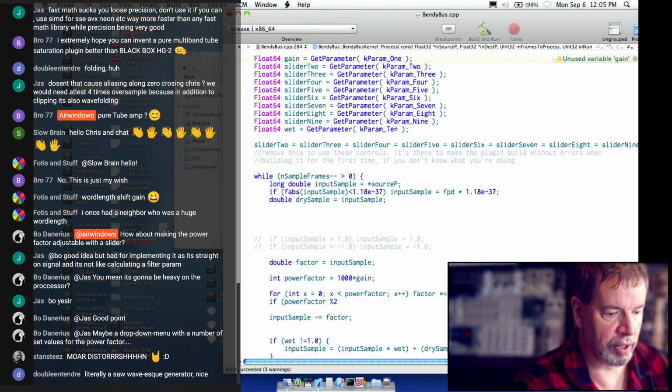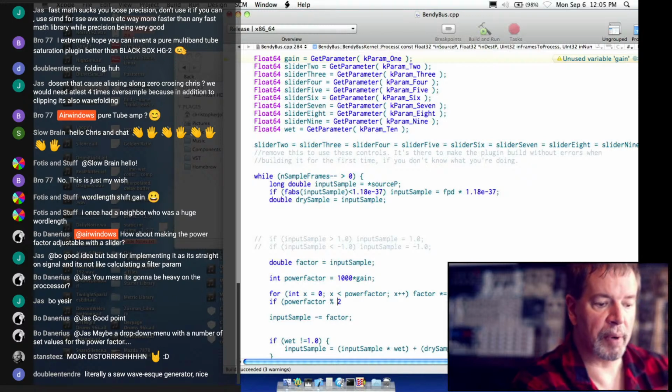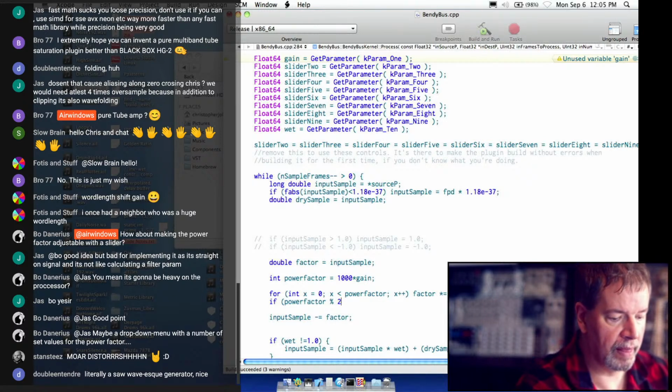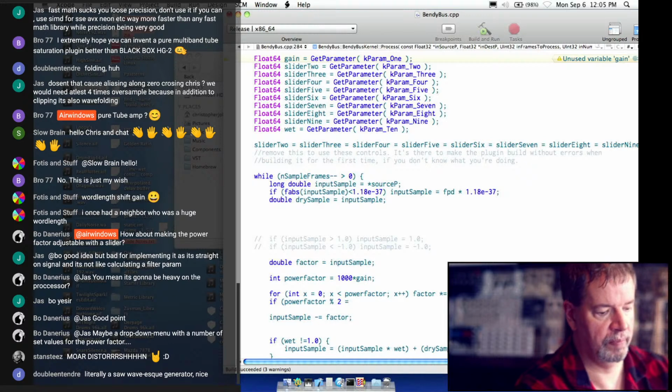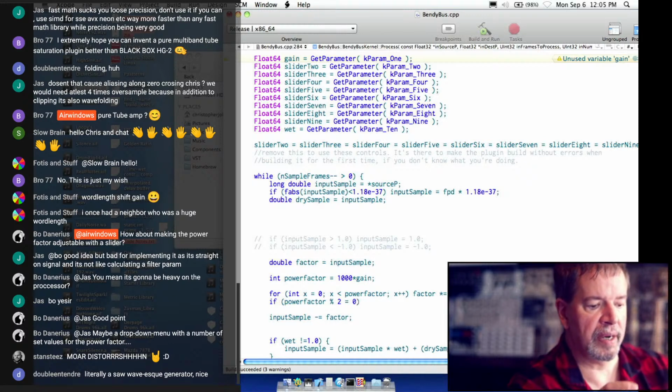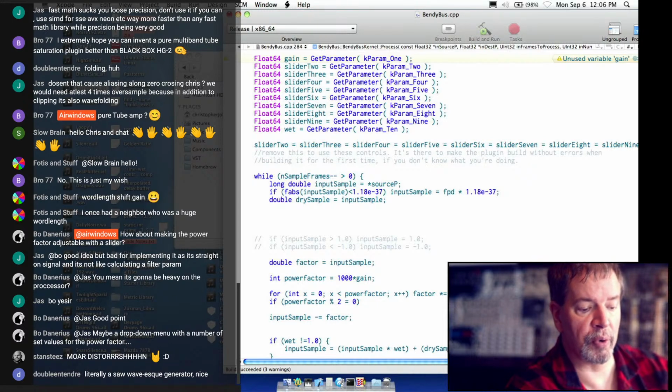I think that'll work, because I think this is our modulus operator, but I could be mistaken, but we'll find out by trying it. And I think it's going to go between 0 and 1, but I could be wrong.